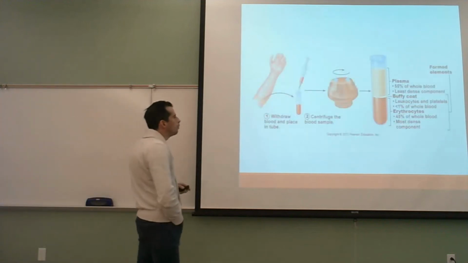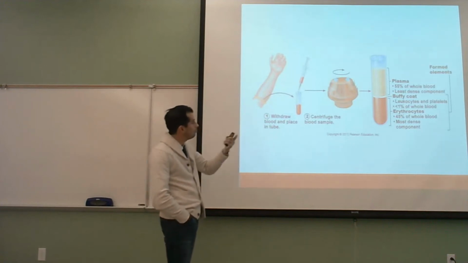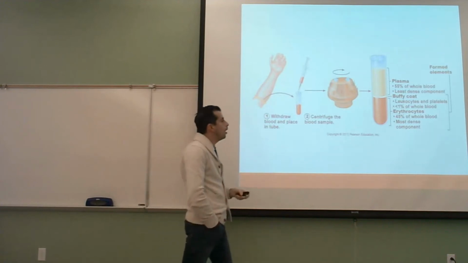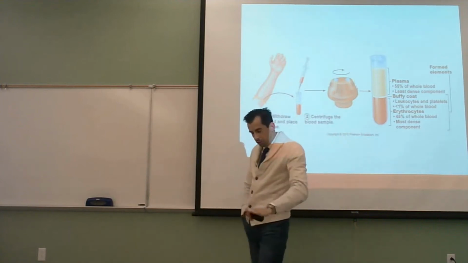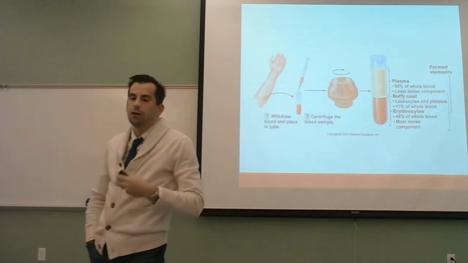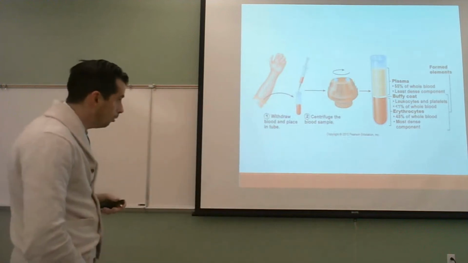Now, because all those components can have varied densities, when we take blood out of the body, we centrifuge it, spin it down, we will see the more dense part of the blood sink to the bottom of the test tube, while the less dense structures seem to float on the top, if you will.